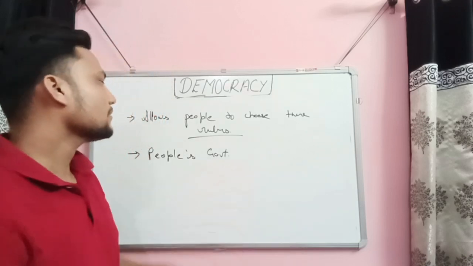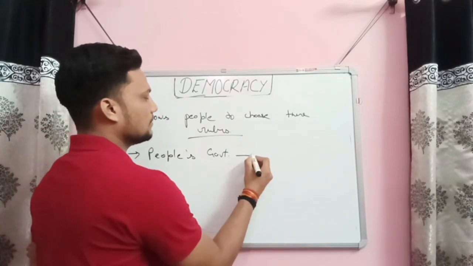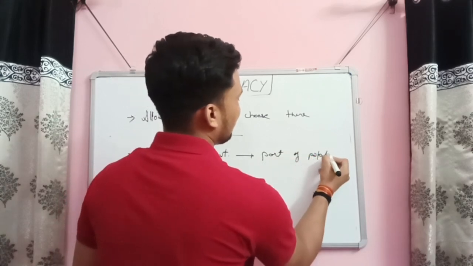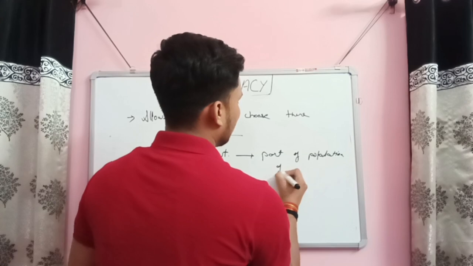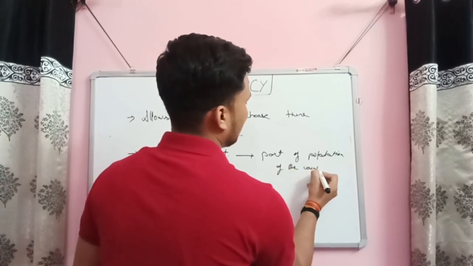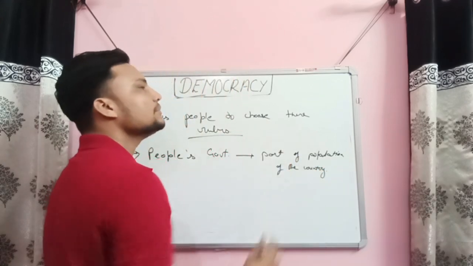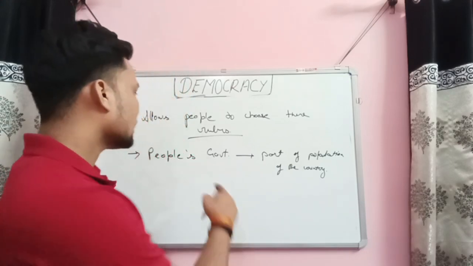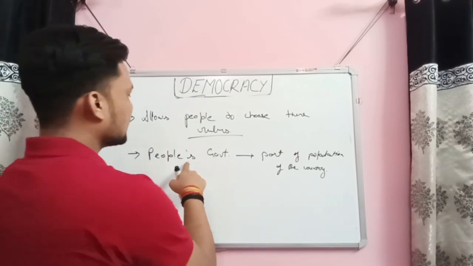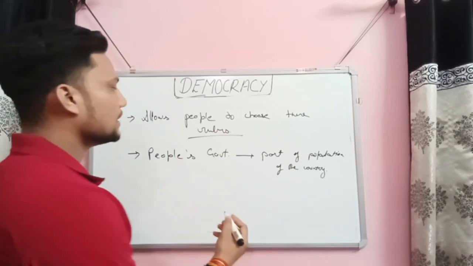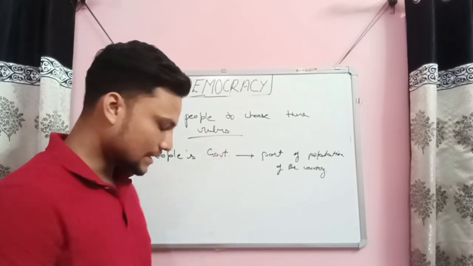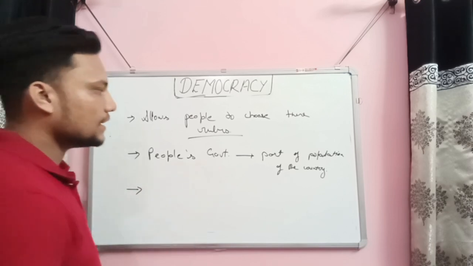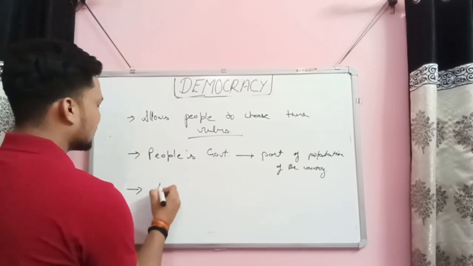So they are not coming from the outside, they are part of the population of the country. If I compare with military rule, the military can be of any country which can rule any state. But here people's government means that the rulers ruling the country are from the same country or the same state. And the other feature of people's government is that it is accountable.